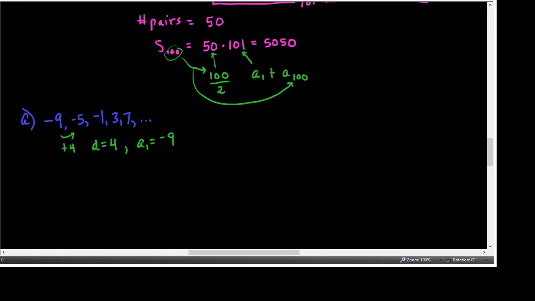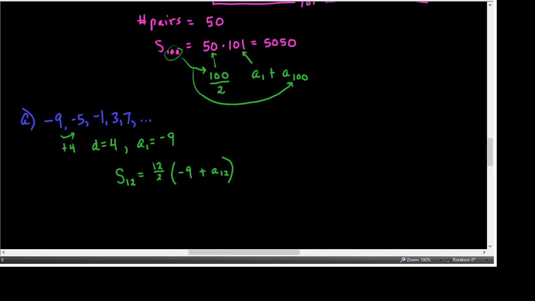And of course, a sub 1 for this sequence is -9. Okay, so S sub 12 is going to be n, which is 12, divided by 2, times a sub 1, which is -9, plus a sub 12. And I don't know what a sub 12 is yet.